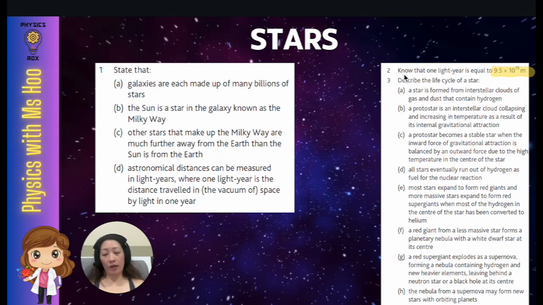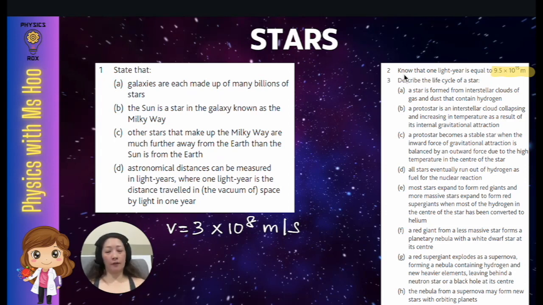By now, you should already know that the speed of light in vacuum is 3 times 10 to the power of 8 meters per second. So I'm going to write that down. From this, you can actually calculate the value of 1 light year. We know that 1 light year is the distance traveled by light in 1 Earth year.